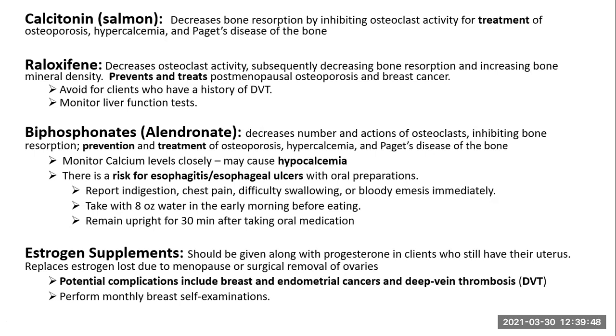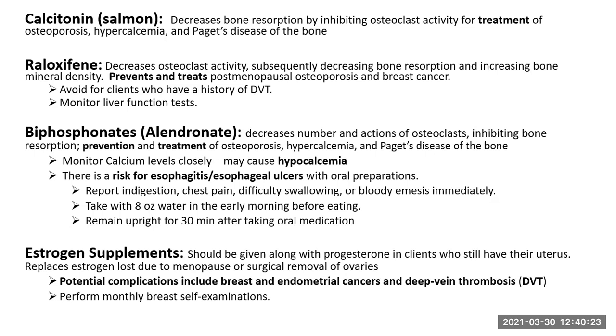However, it works on increasing our absorption of estrogen. So anything that increases estrogen places patients at risk for DVT, and also can cause liver issues. So raloxifene and actual estrogen supplements, we need to monitor those patients for signs of DVT or any type of clot, PE, whatever.